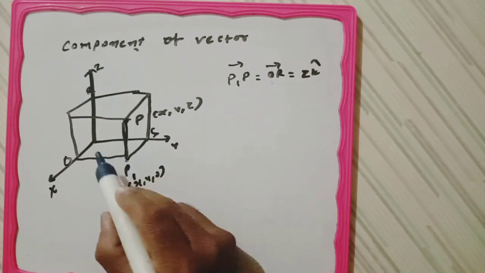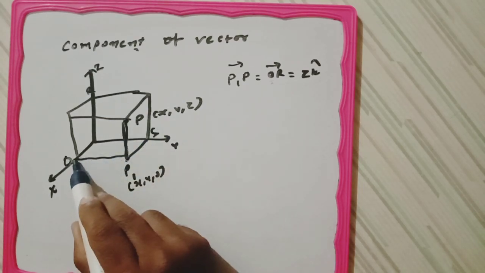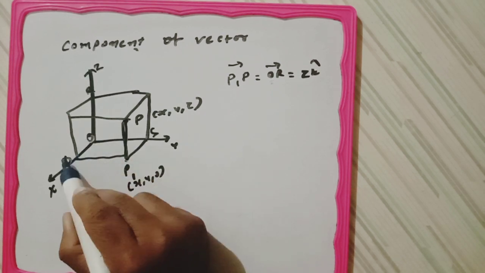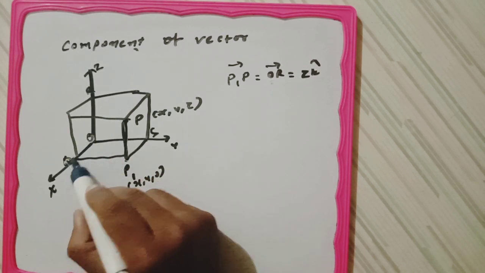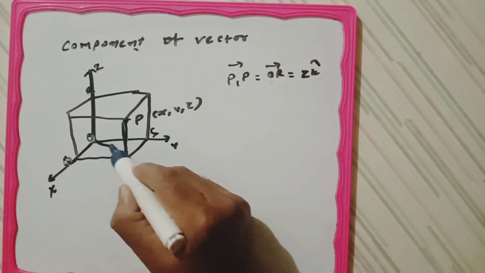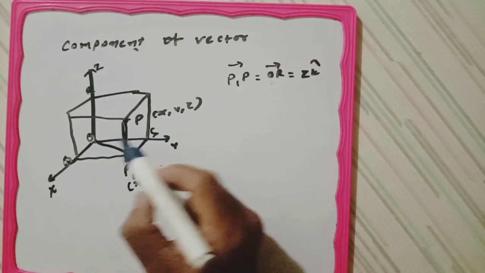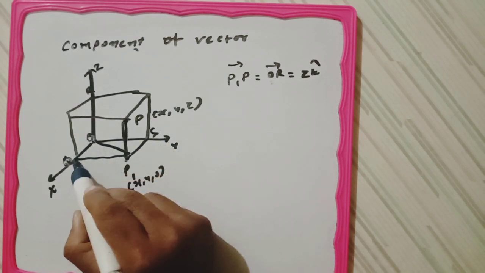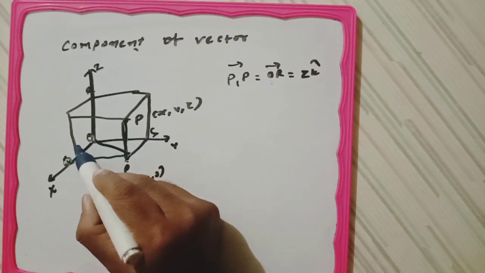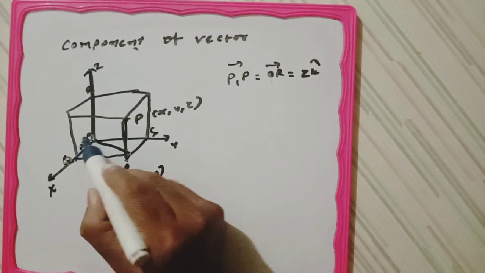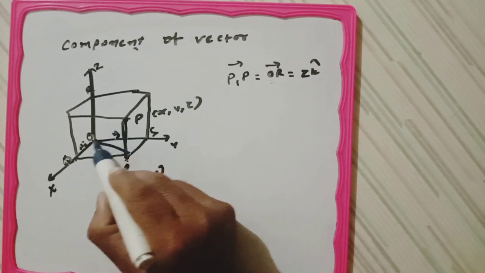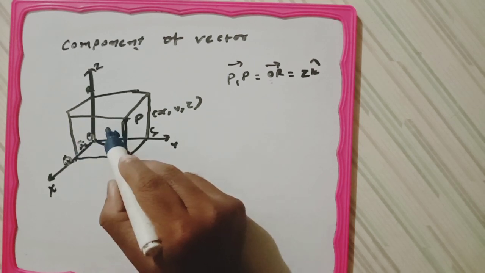Then Q and here O. Then we will have the OP1 vector. OQP1S is a parallelogram. Now this is x i unit and this is y j unit, then the magnitude of x bar and the magnitude of y bar.